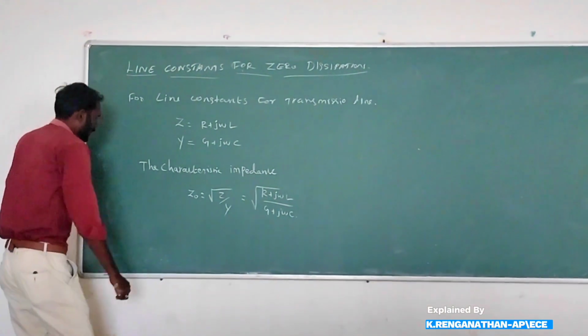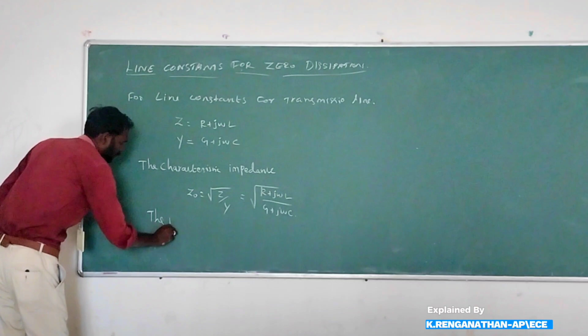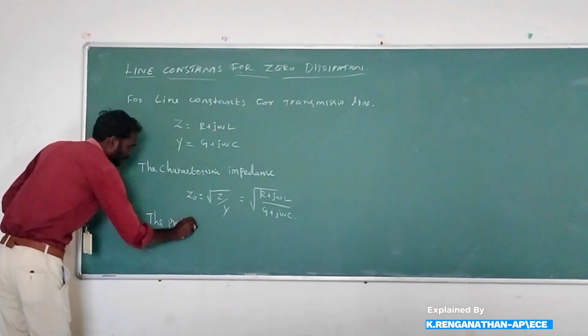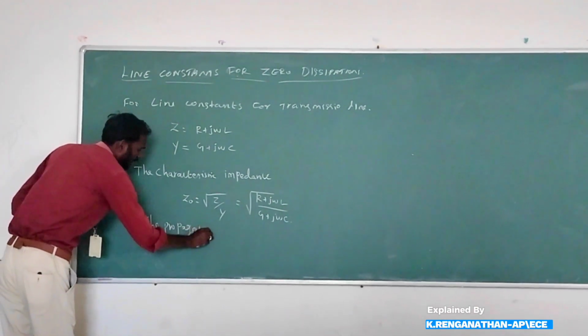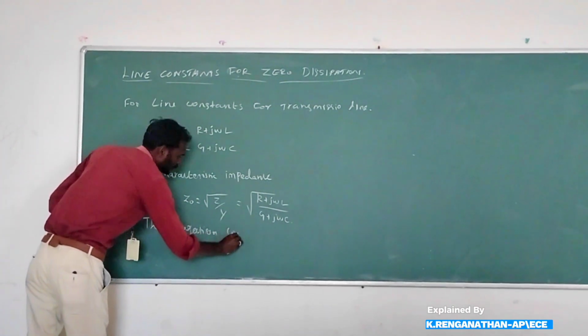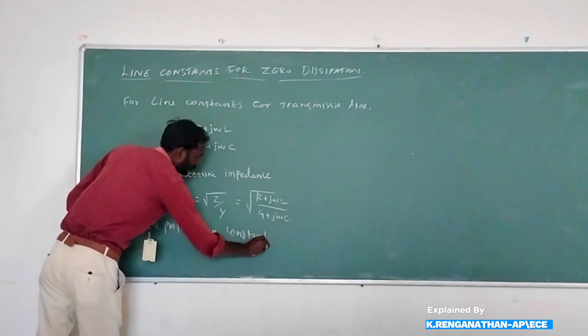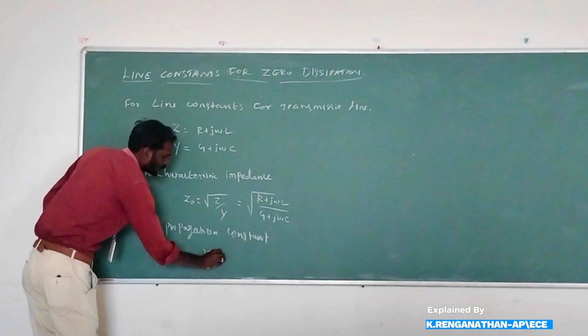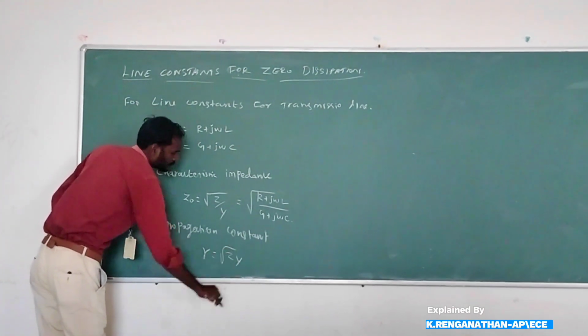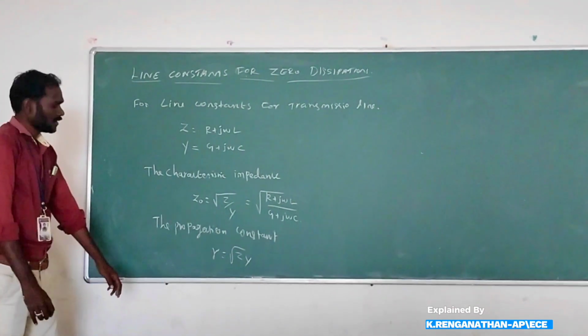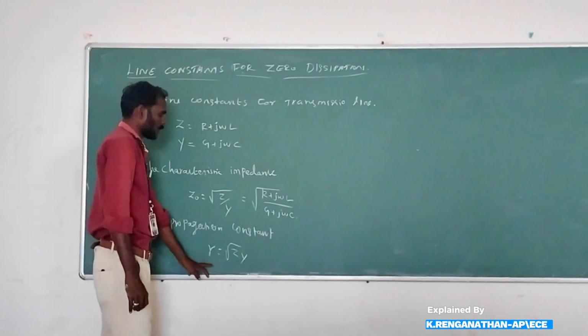The propagation constant gamma is equal to root of ZY.